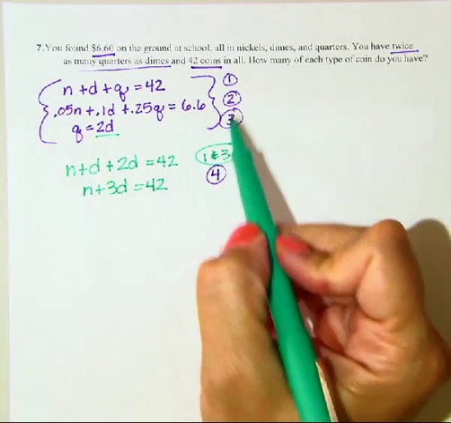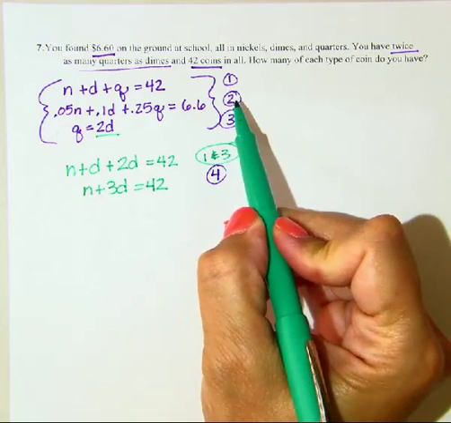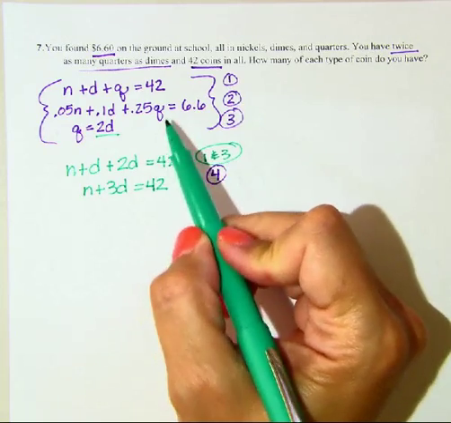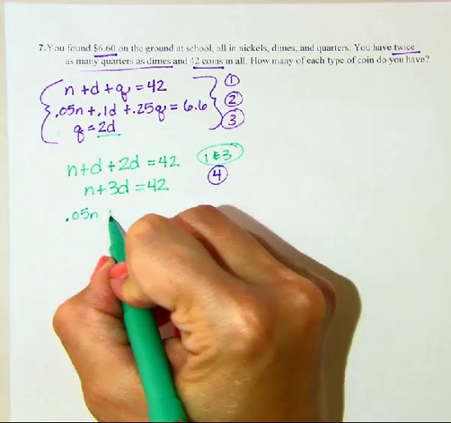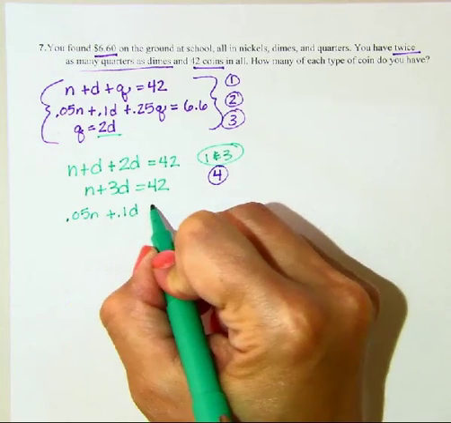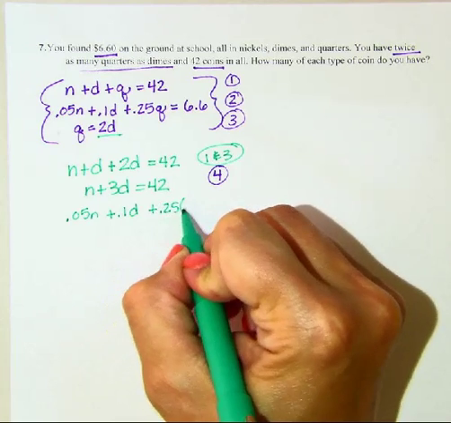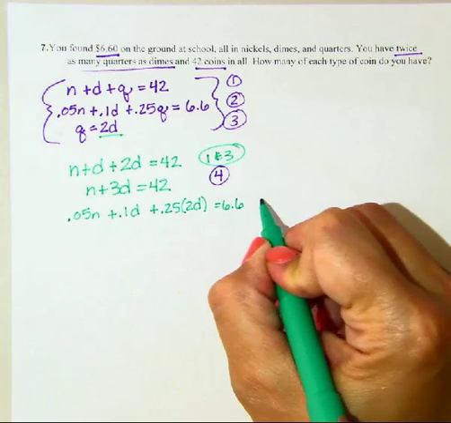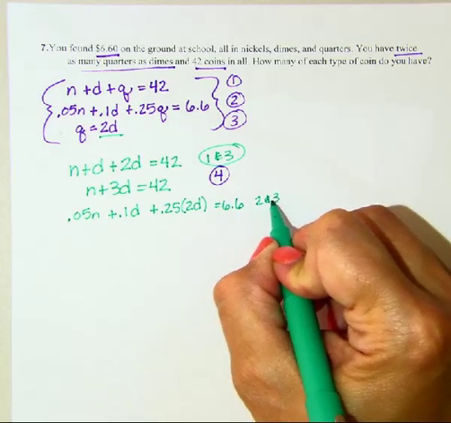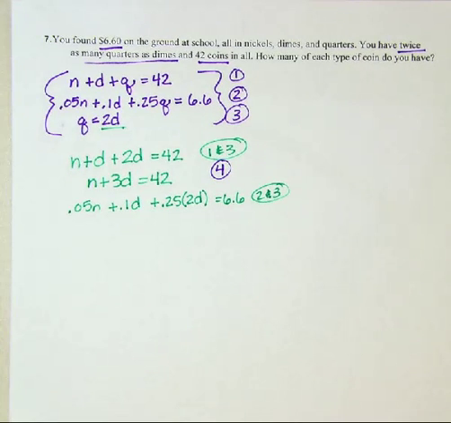Now I used 1 and 3, I have to use equation 2, but I'm still going to do the same thing with equation 3. So I have 0.05N plus 0.1D plus 0.25 times 2D equals 6.6. So that was equation 2 and 3. So I used all 3 equations.